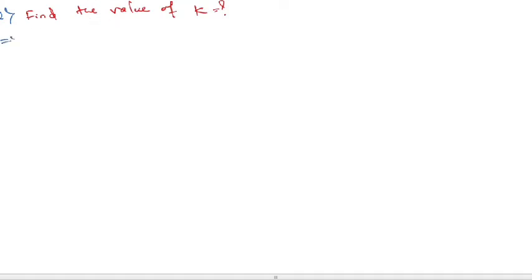In the second question, two sub questions are there. In the first question, what is given? A(7, minus 2), B(5, 1) and C(3, k).